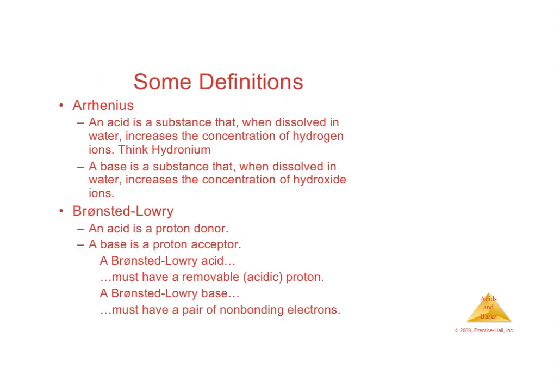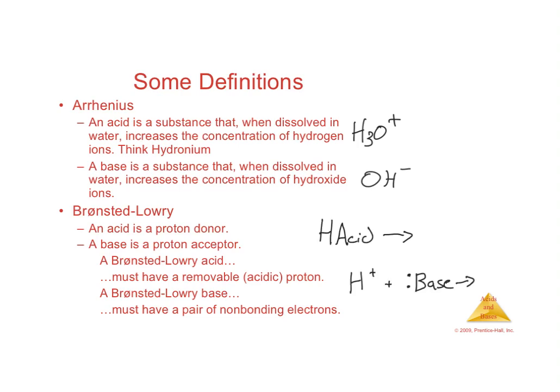So let's review some of the basic definitions of acid. The original definition of an acid came from Svante Arrhenius. An acid is a substance that, when dissolved in water, increases the concentration of hydrogen ions, think hydronium. And a base is a substance that, when dissolved in water, increases the concentration of hydroxide anions.